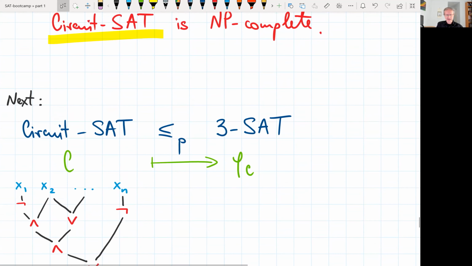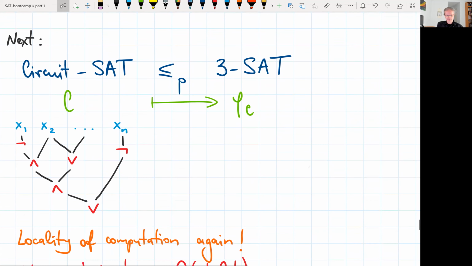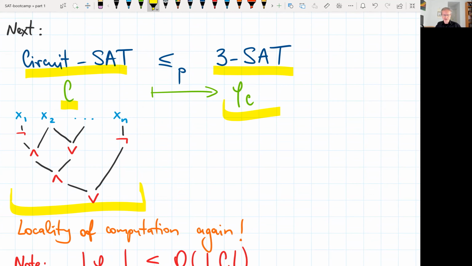We wanted to show that 3 SAT is NP complete, the Cook-Levin theorem. That's easy to achieve now with a simple extra reduction, which maps circuit satisfiability to 3 SAT. So what we need to do is take a circuit C, shown here, let's say on n inputs, and output a 3CNF formula that I denote by phi sub C, with the property of the reduction: C is satisfiable if and only if the formula phi sub C is satisfiable.